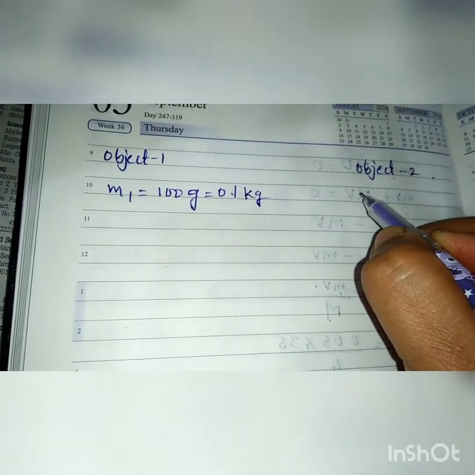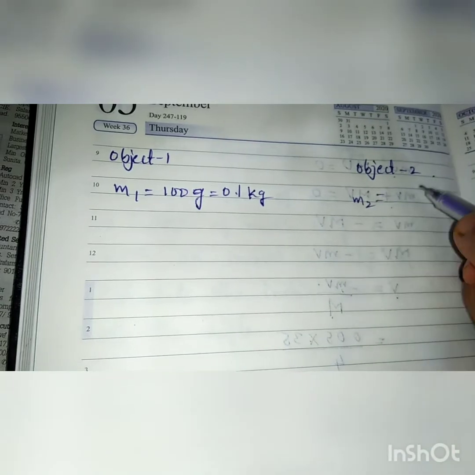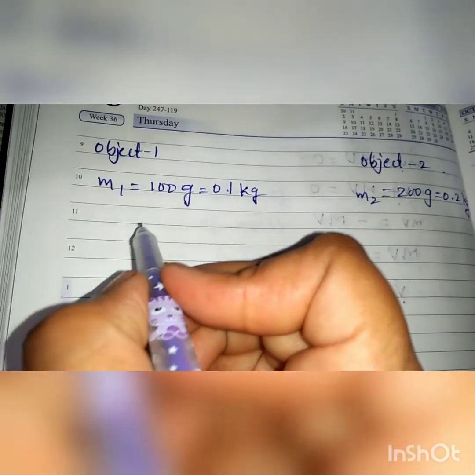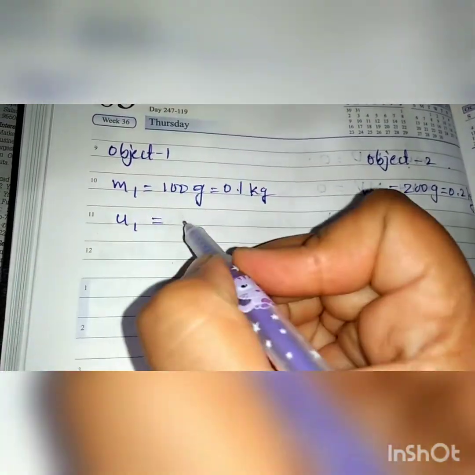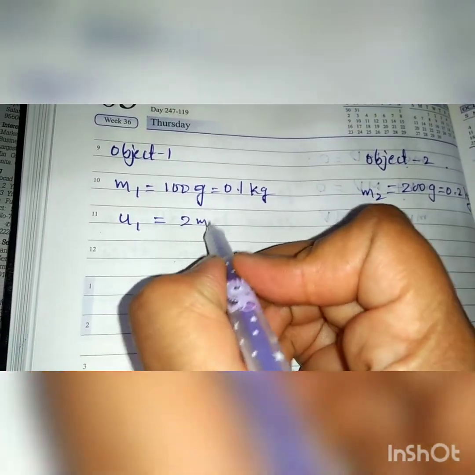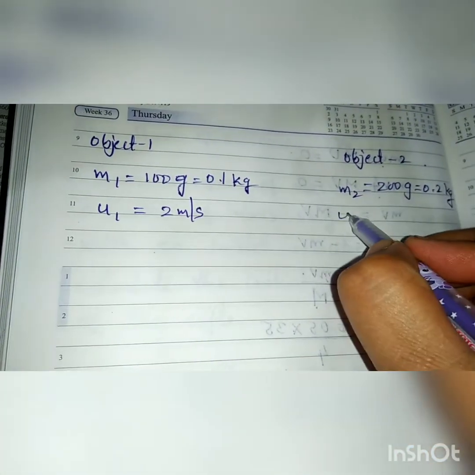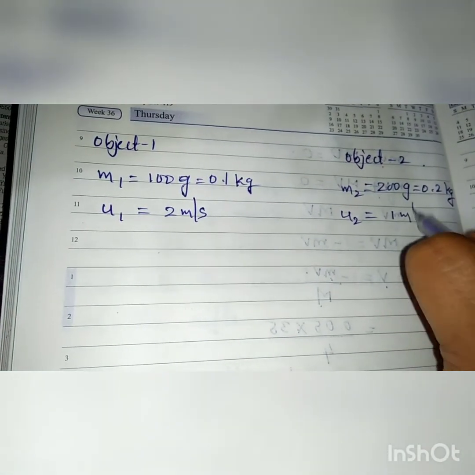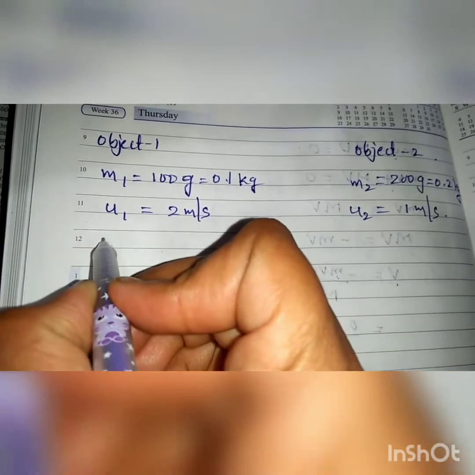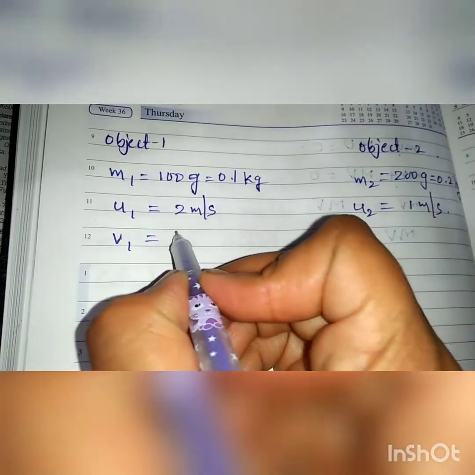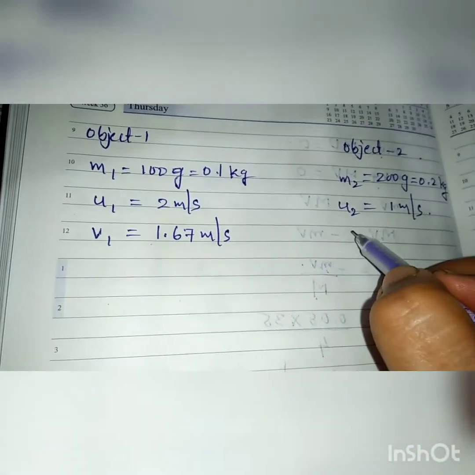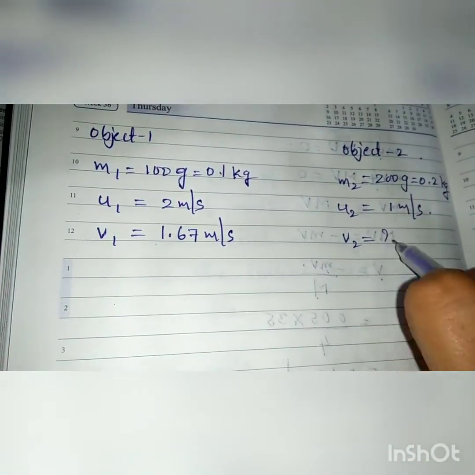Object 2 has mass m2, 200 grams, which is 0.2 kilograms. Initial velocity u1 is 2 meters per second, and initial velocity for the second object is 1 meter per second. Final velocity v1 is 1.67 meters per second, and v2 we have to find out.